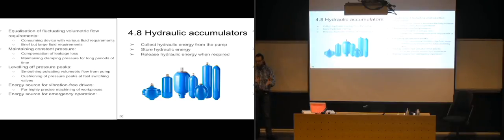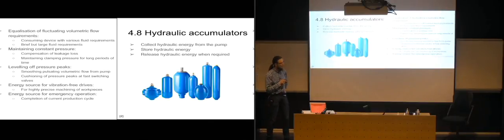So the pressure will slowly drop as you're releasing it until there is no more pressure left. But if it has been correctly designed according to your hydraulic system, then you will have both enough fluid and pressure inside the accumulator to do what you're supposed to do.